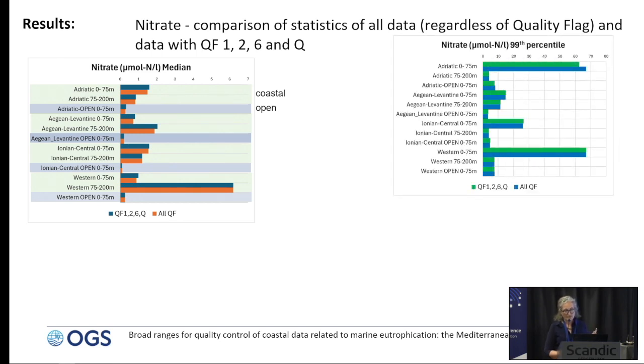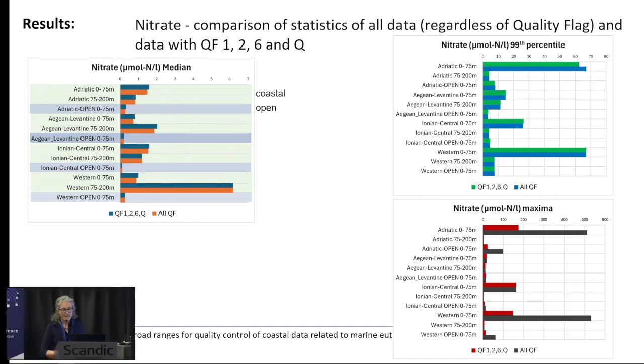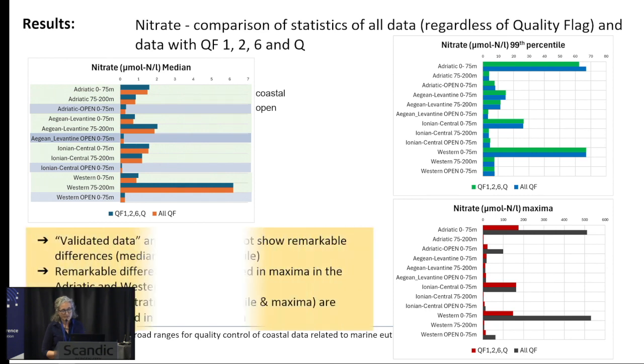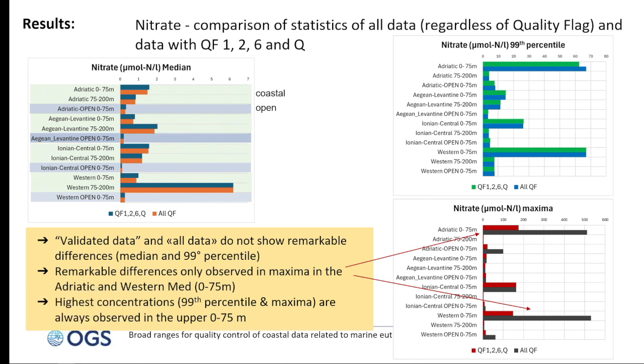We also calculated the 99th percentile of all data and also the maxima. And we compared this using all data and quality flagged. So we see that validated data and all data do not show remarkable differences except for the maxima, and maxima are visible only in 2 sub-basins, in the Adriatic and the Western Med.